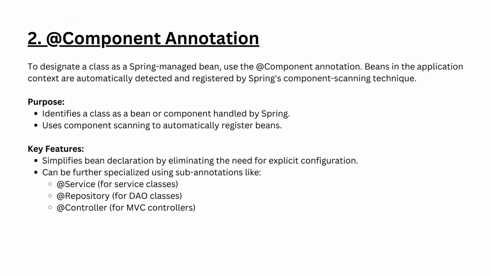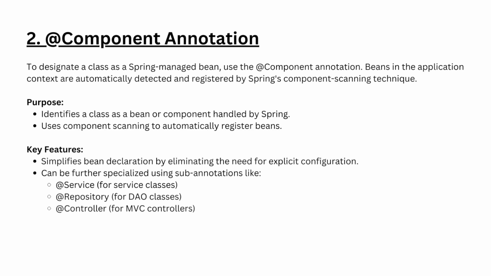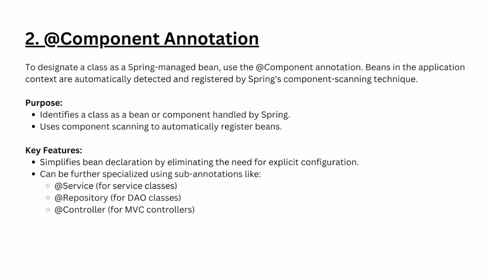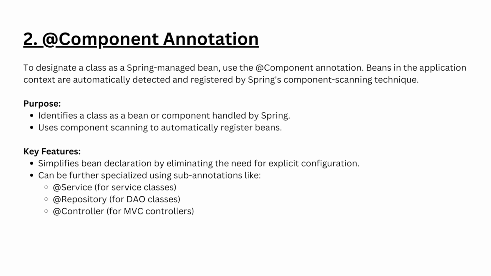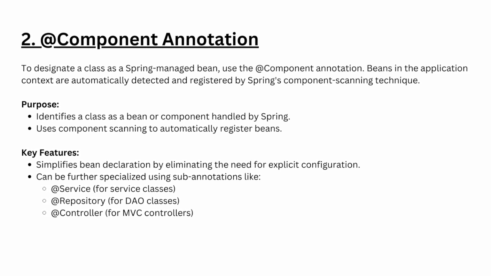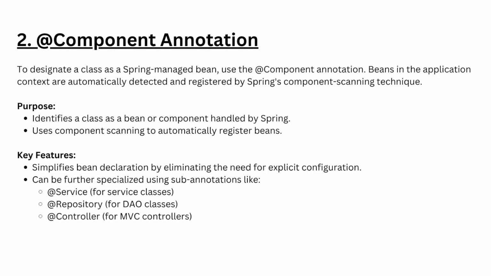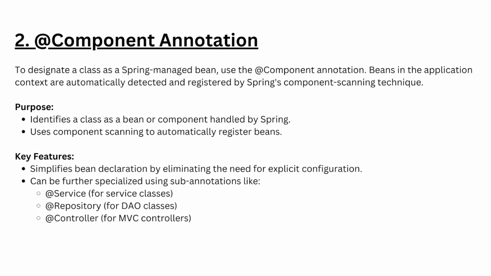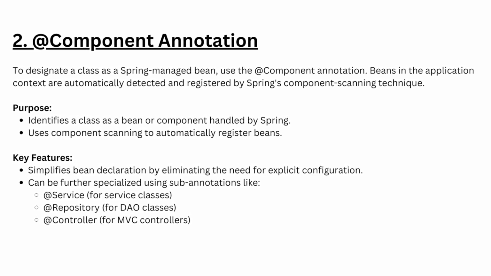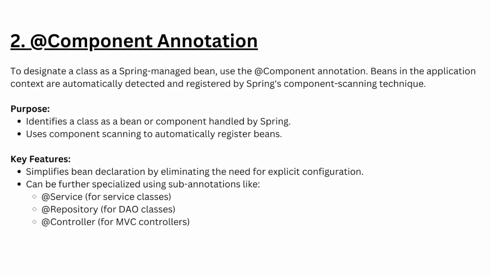Now talking about the component annotation, this is used to declare a class as a Spring managed bean. So configuration was a Java based configuration class or Java config, but this is a Spring managed bean. This is a part of Spring's component scanning mechanism, which automatically detects and registers beans in the application context.